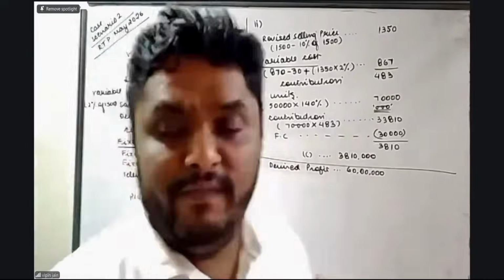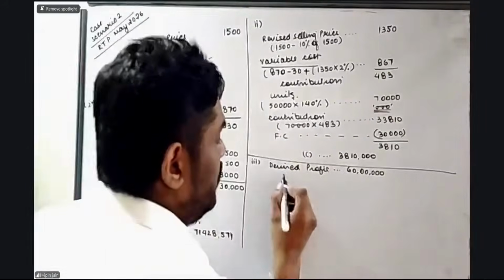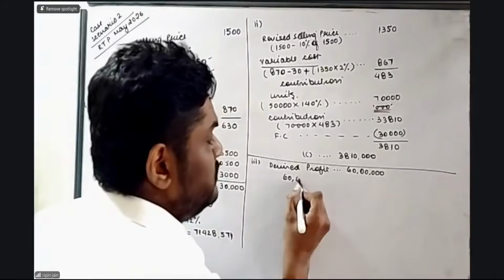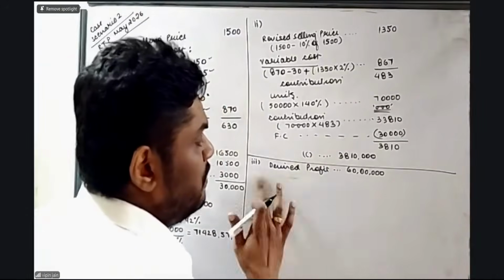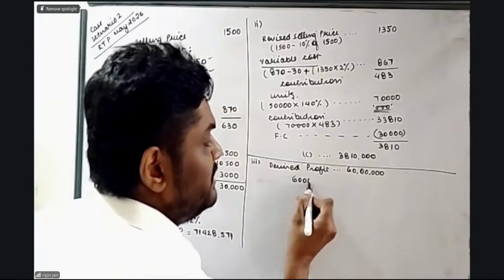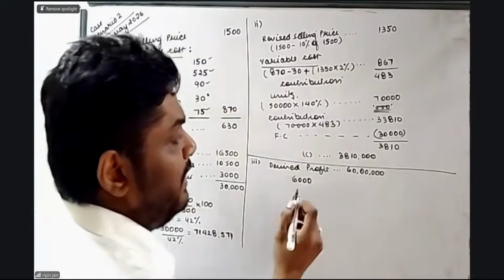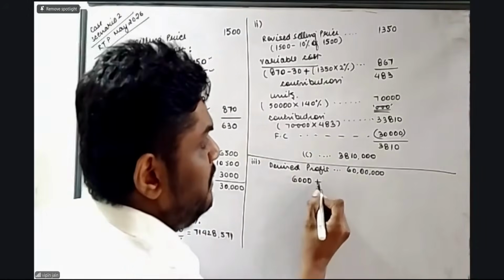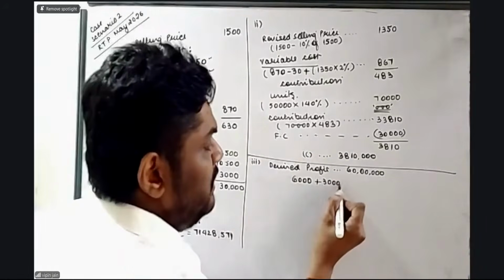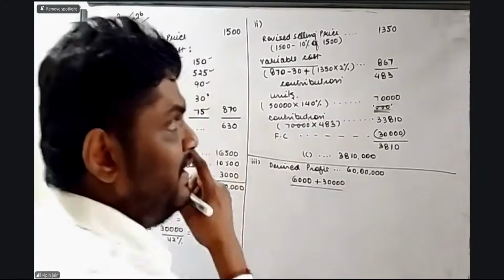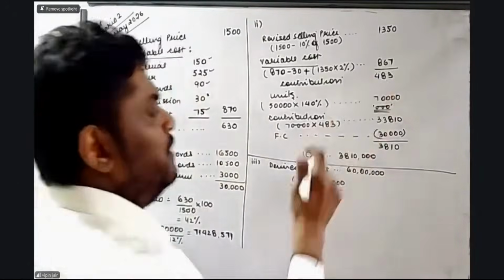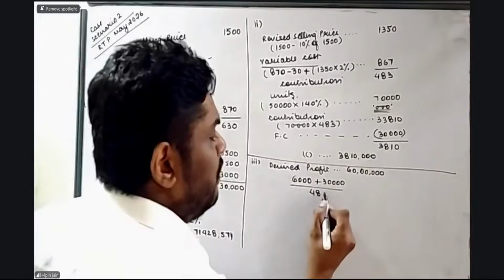We will convert it into thousands only. So 6,000 is my desired profit. Again, figures are in thousands, plus my fixed cost is 30,000, divided by my contribution per unit, which is 483.